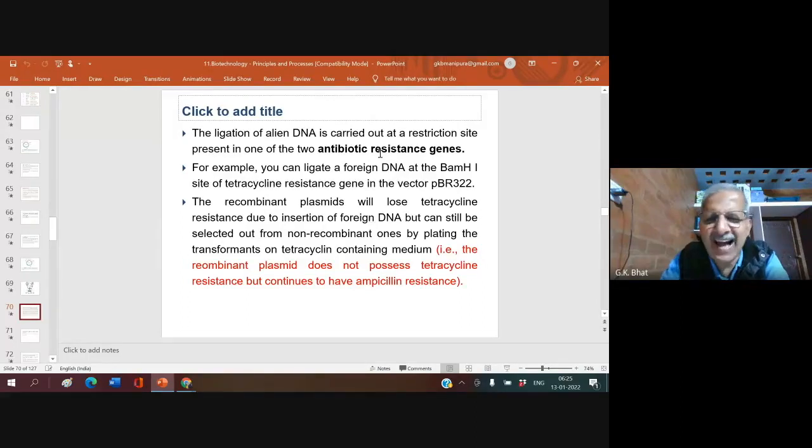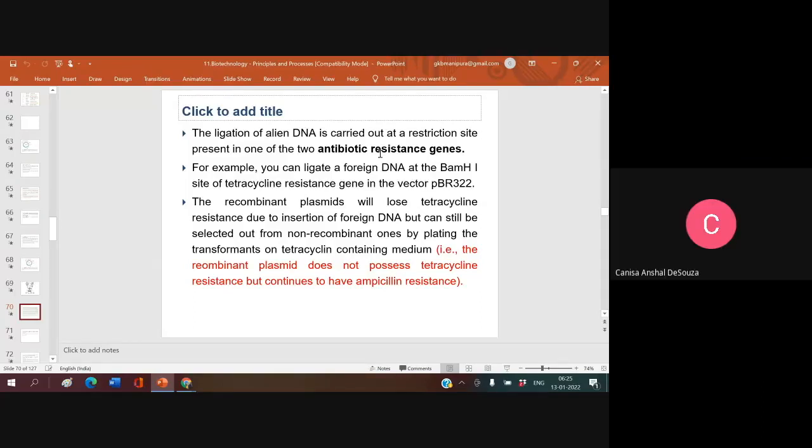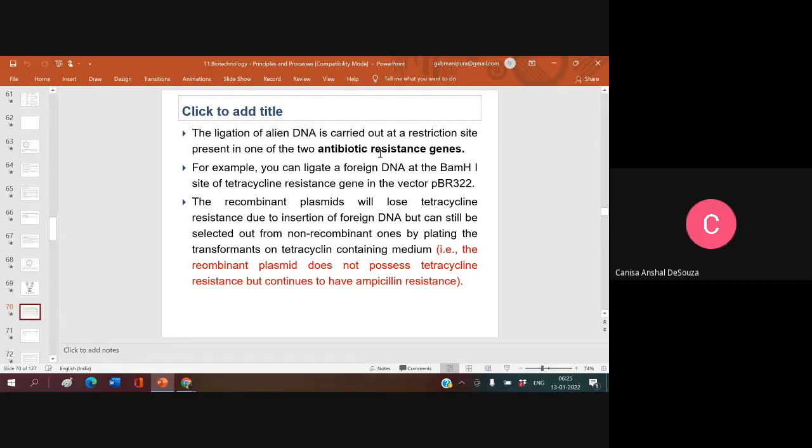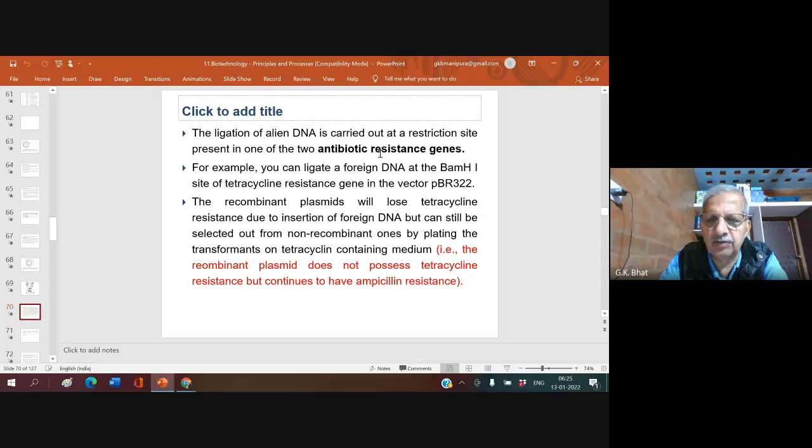What is that TetR? Tetracycline. Tetracycline resistance gene. The antibiotic resistance genes are the ampicillin resistance gene and the tetracycline resistance gene.